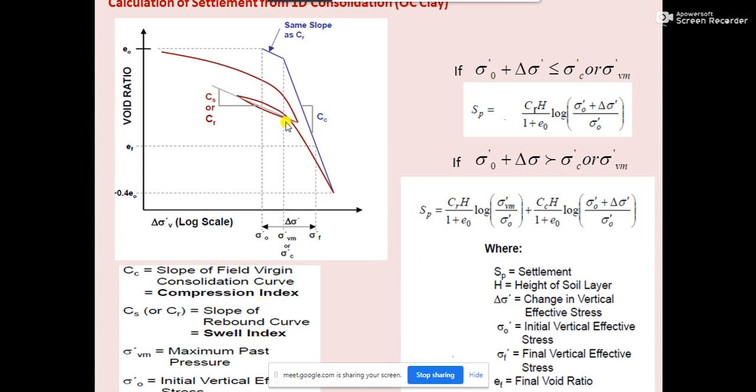From where you will be getting it? You will be getting it from the rebound curve slope. See, this CR value and CC value are different.